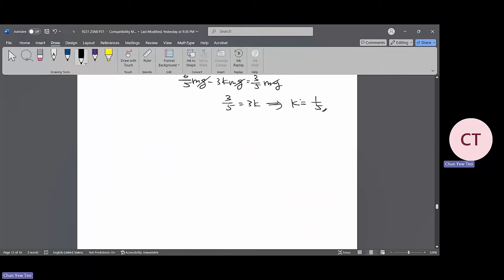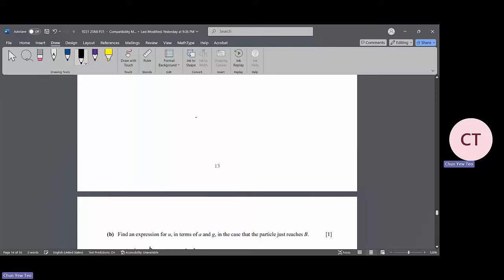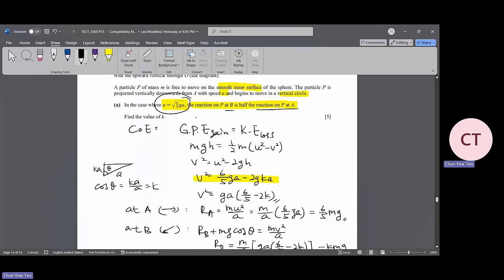So we just straight away take the equations when V is equal to 0 at B. Let V equal to 0.